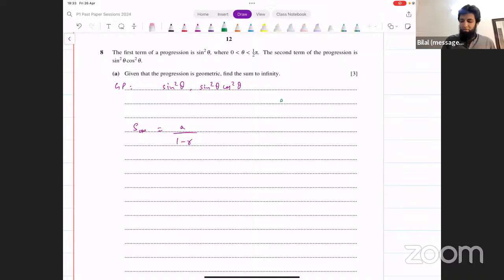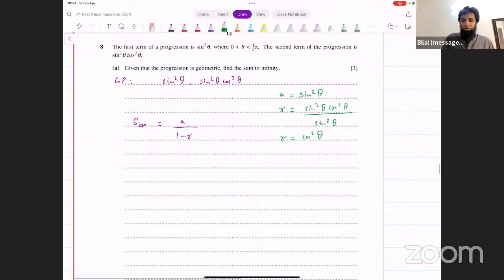What's the first term? A equals sine squared theta. What about ratio? Sine squared theta into cos squared theta, that's the second term divided by the first term. The ratio is cos squared theta. Now put these values in the formula and see what that gives you.